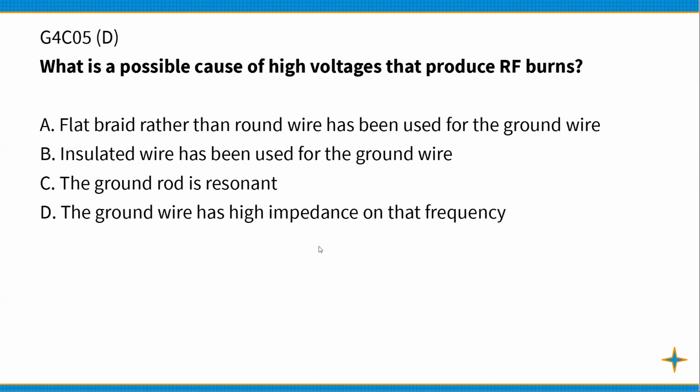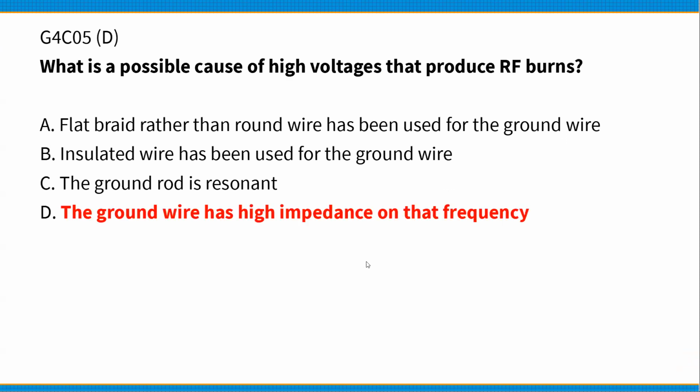Ground wire has high impedance. It'd be hard for a ground rod to be resonant, unless the dirt's really dry. And insulated wire for ground doesn't make any difference. Flat braid is actually better than round wire.